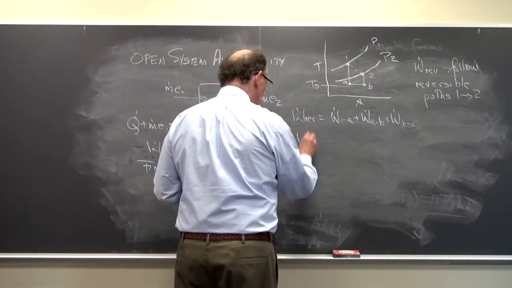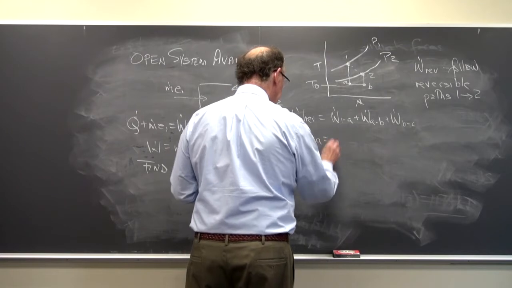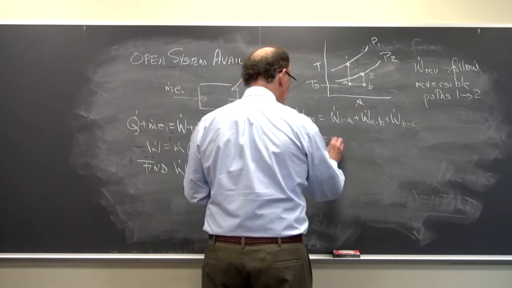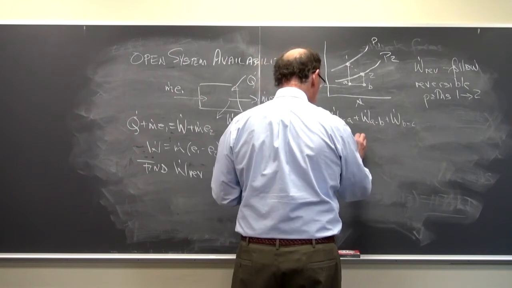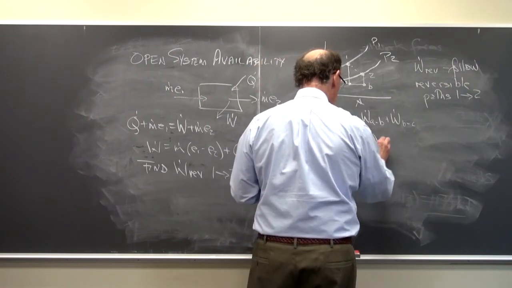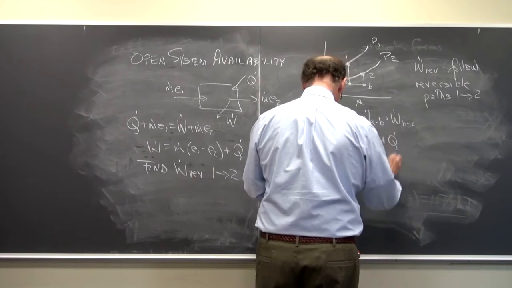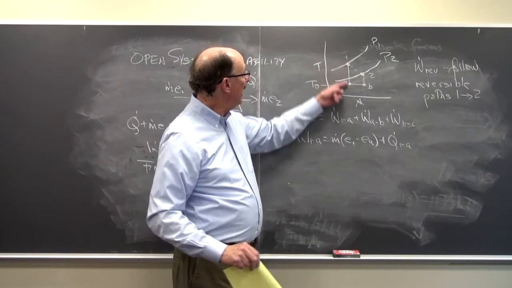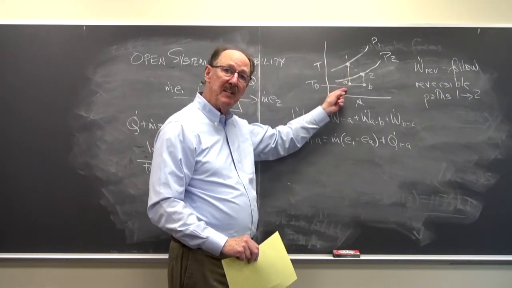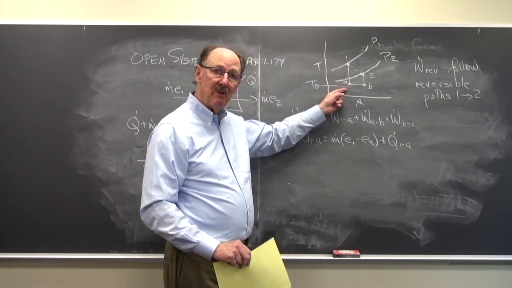W dot 1 to A is equal to m dot times (E1 minus EA) plus Q dot 1 to A. Q dot 1 to A is a reversible adiabatic process, so Q is 0.